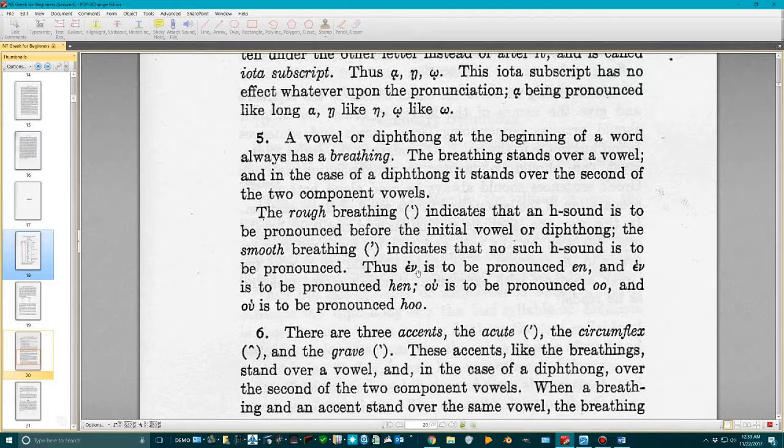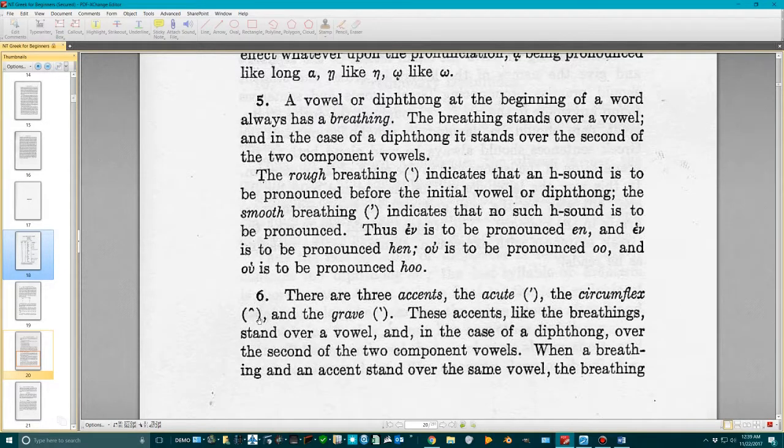But anyway, you see the difference here. En is pronounced en, and hen is pronounced hen. Ou is pronounced ou, and hou, notice the rough breathing mark here, is pronounced hou.